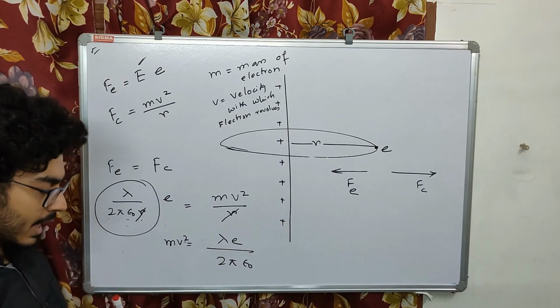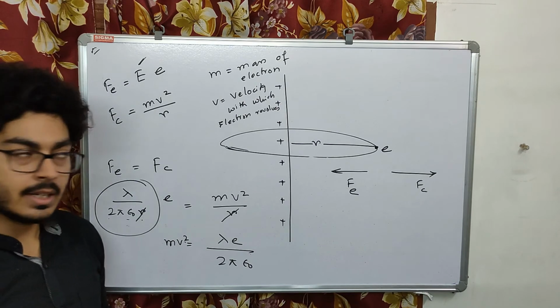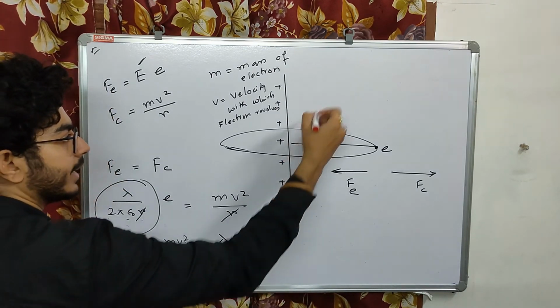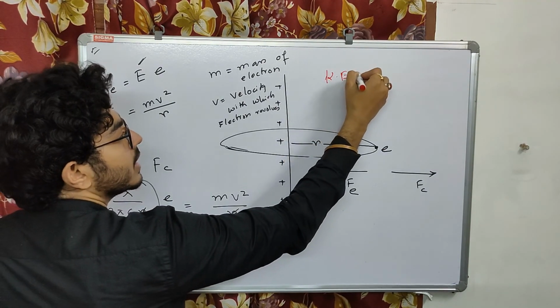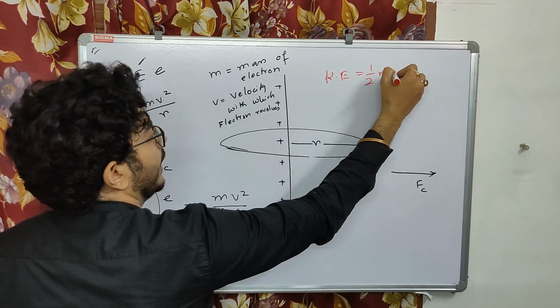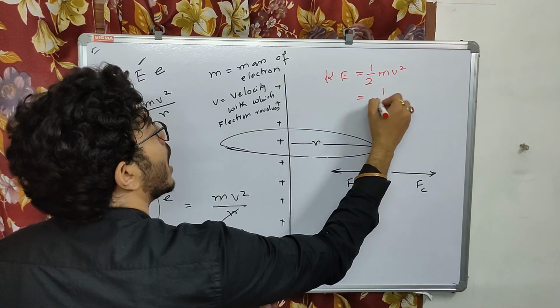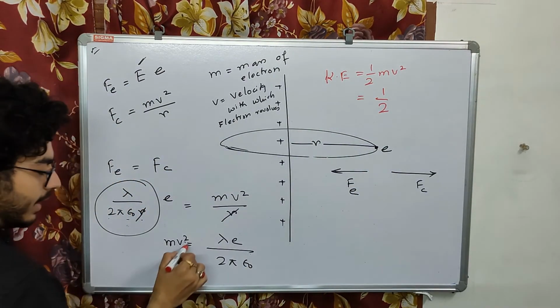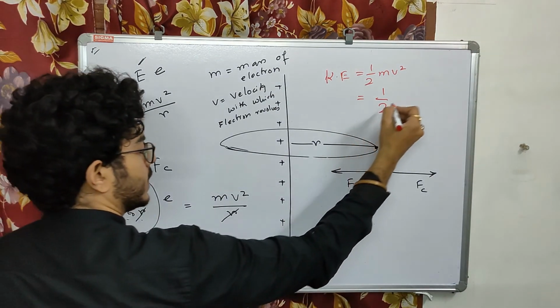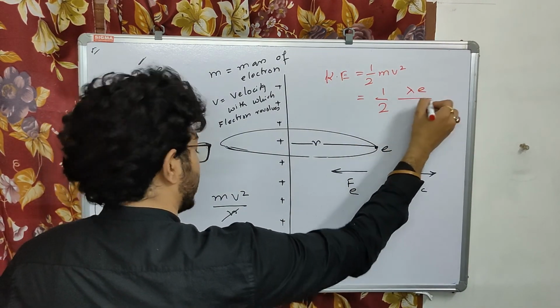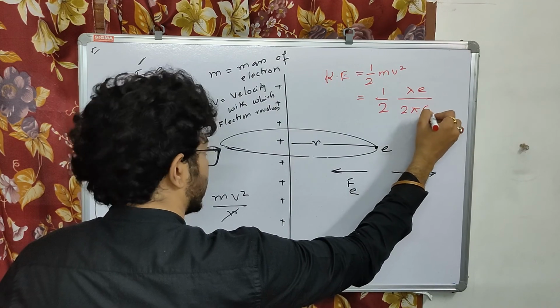Then what will be the kinetic energy of the electron? Kinetic energy equals half mv square. So what is the value of mv square? It becomes lambda e by 2 pi epsilon naught.